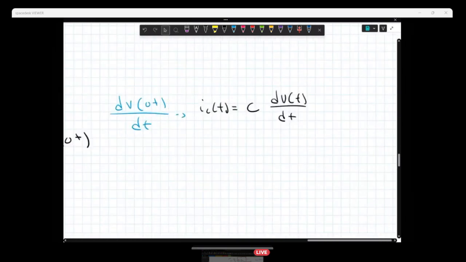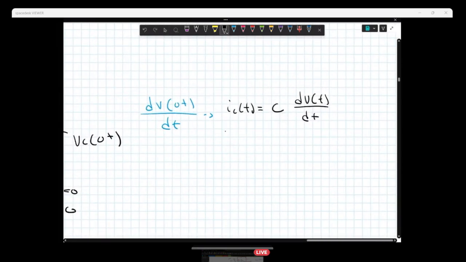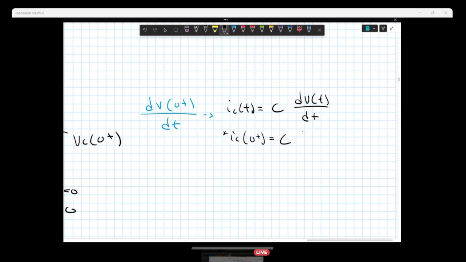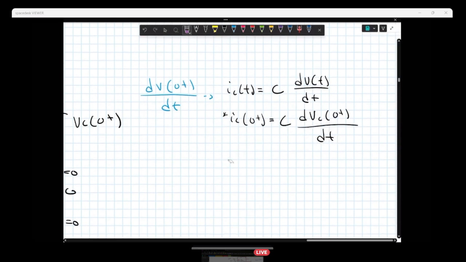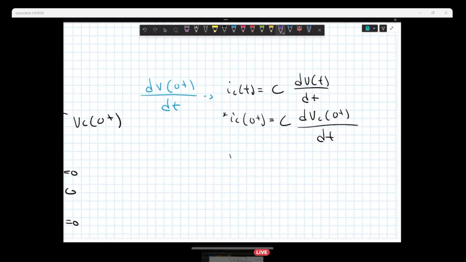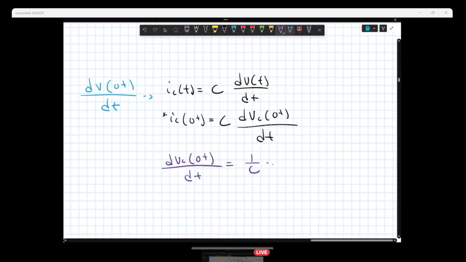So to get IC of 0 plus, that will equal C dVC of 0 plus over dt. That means dVC of 0 plus over dt will equal 1 over C times IC of 0 plus.